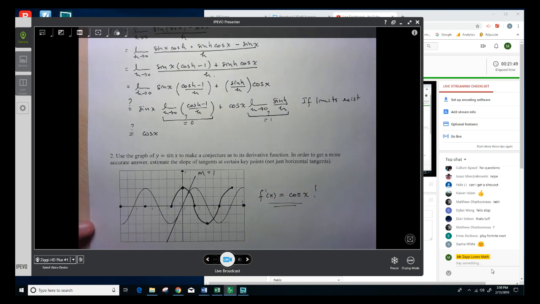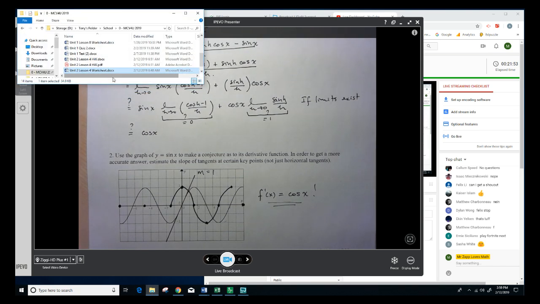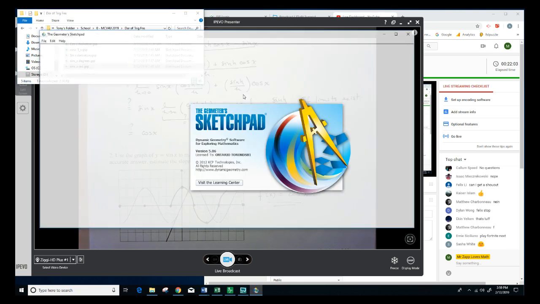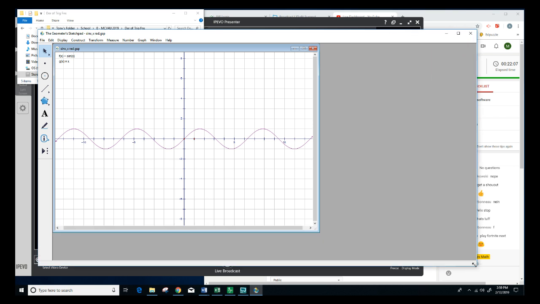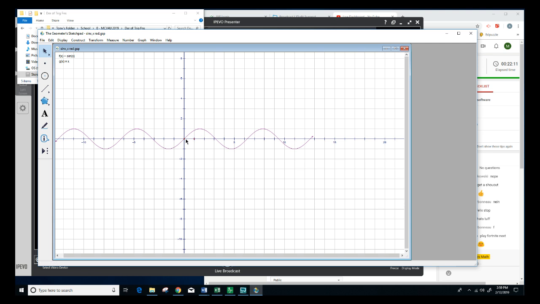So in fact, let's take a look at a graph here. Just to be sure, if I take a look at this graph of sine x, and now I graph x, and look at what we have here.